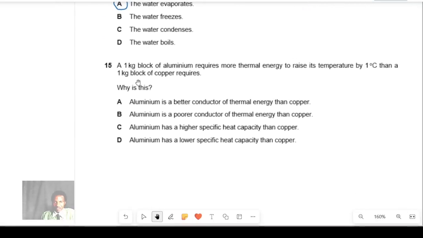Number 15. A 1 kg block of aluminium requires more internal energy to raise the temperature by 1 degree Celsius than a 1 kg block of copper will require. So here you have copper.